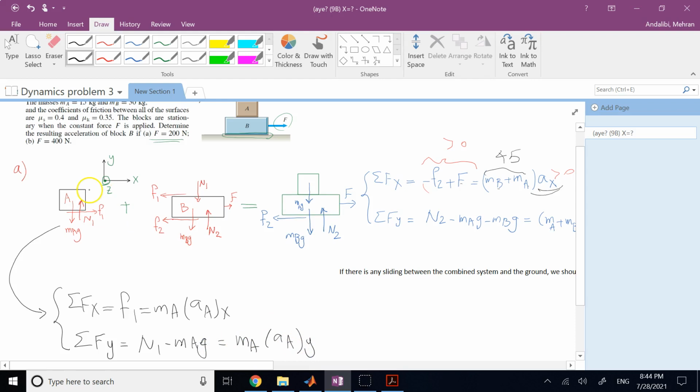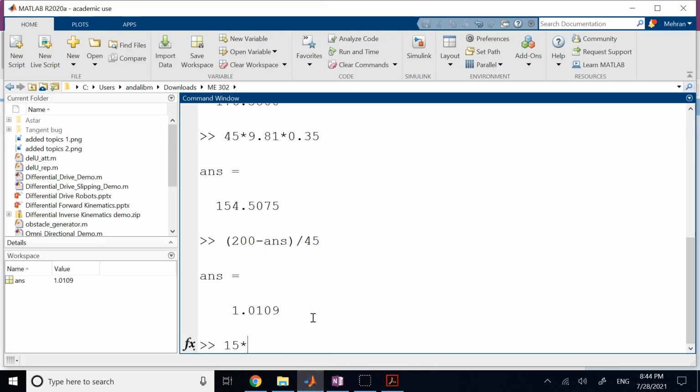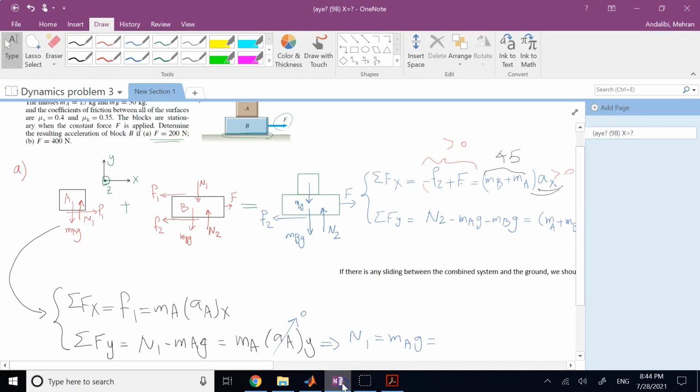Again, on y there is no external vertical force that wants to move it upward, so there will be no acceleration. Therefore, your N1 is going to be equal to MAG, and that is going to be 15 times 9.81, 147.15.